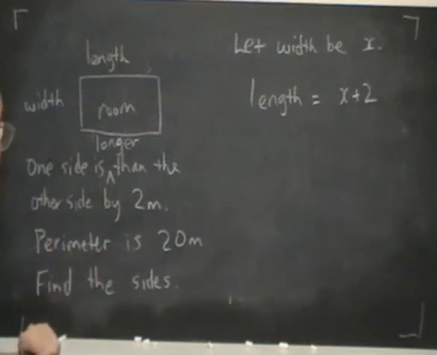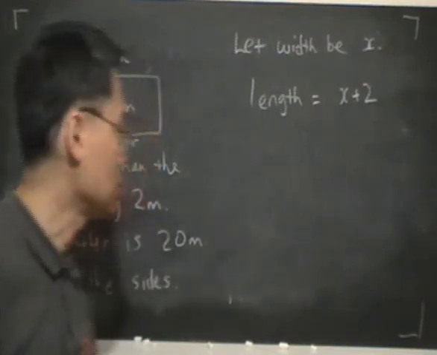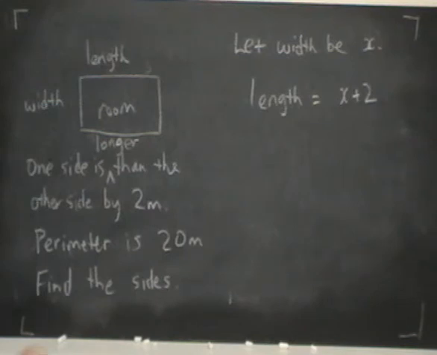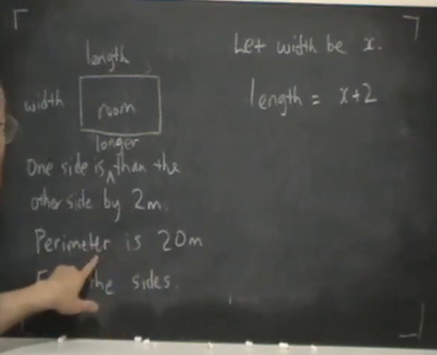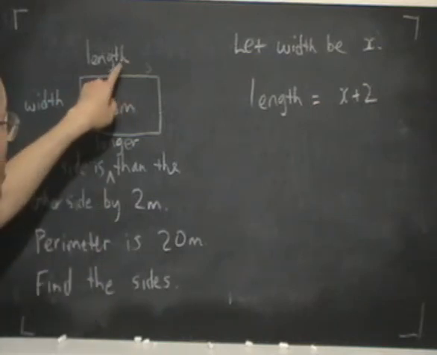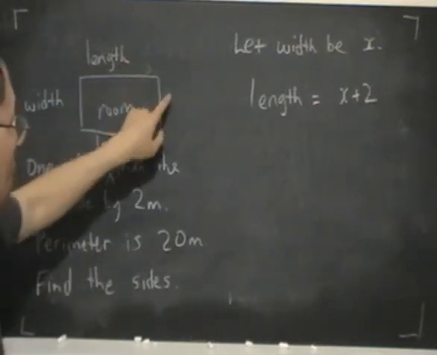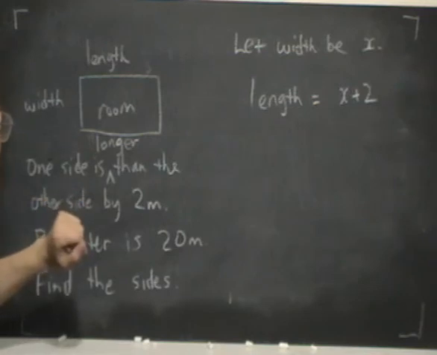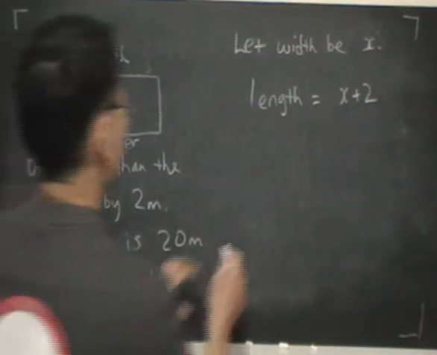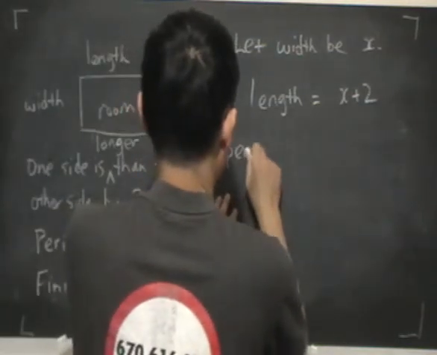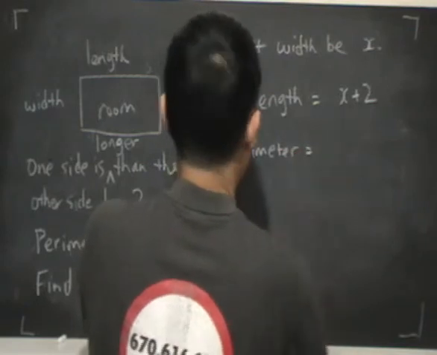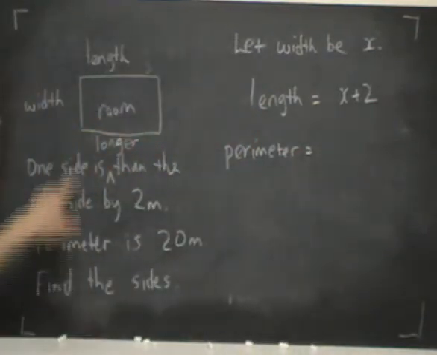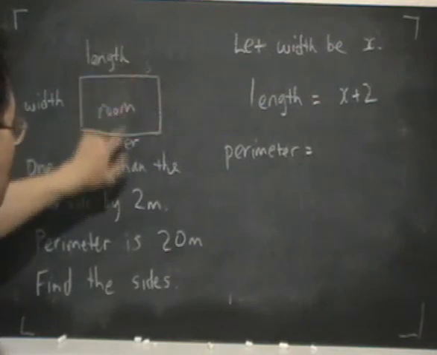Next, the perimeter. That's the next bit of information. 20 meters. So perimeter means the sum of all the sides of the room. We have two widths and two lengths.